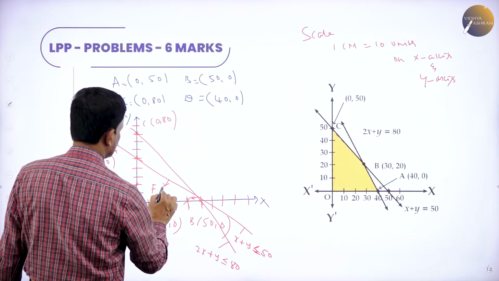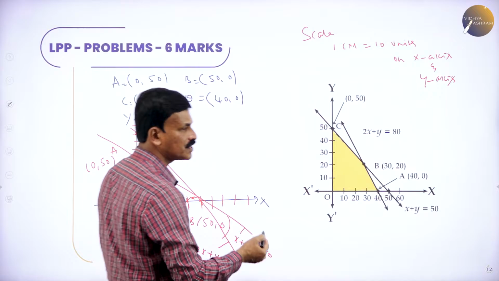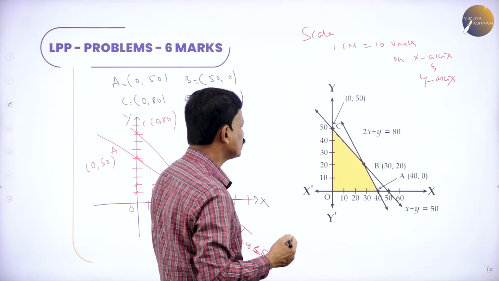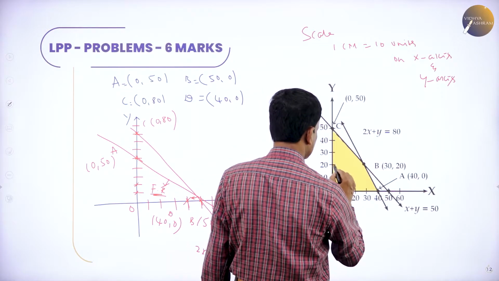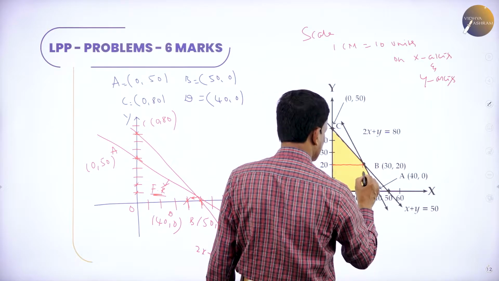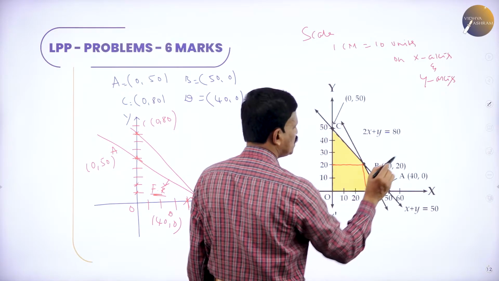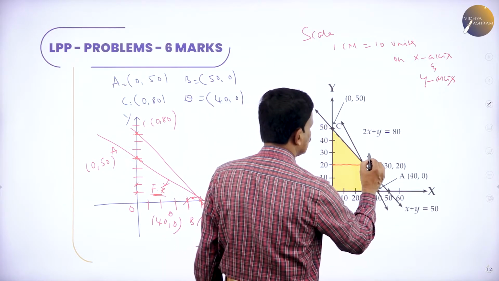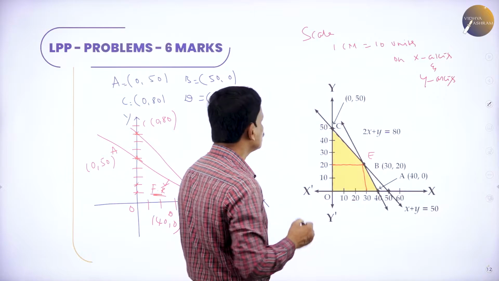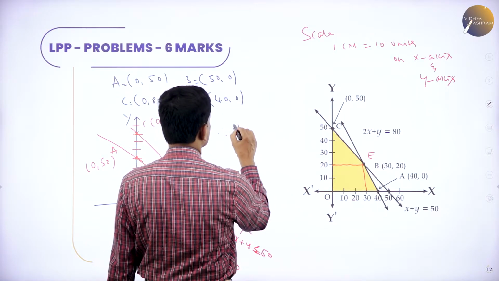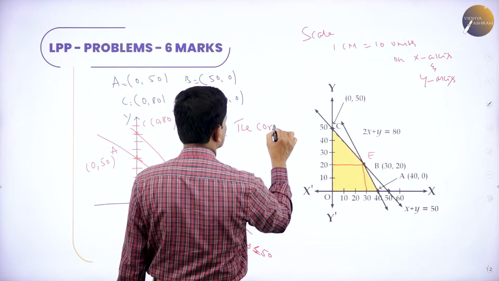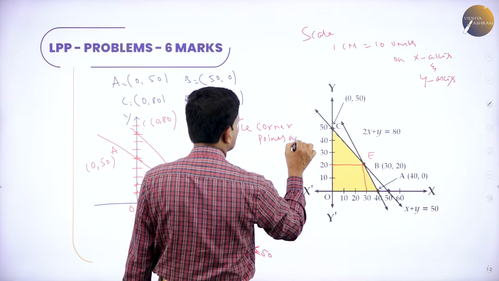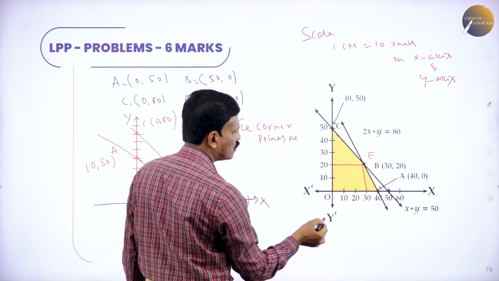This is the feasible region. If you draw the graph properly, this is the point where the lines will cut: 30 comma 20. Let us call this point E. So what are the corner points?